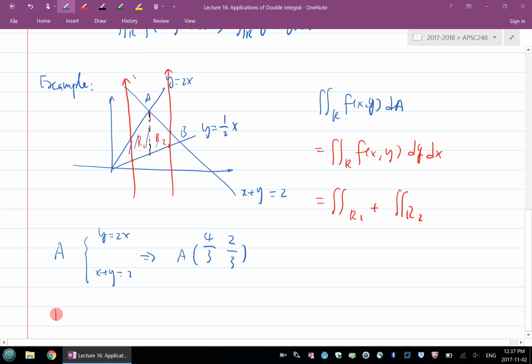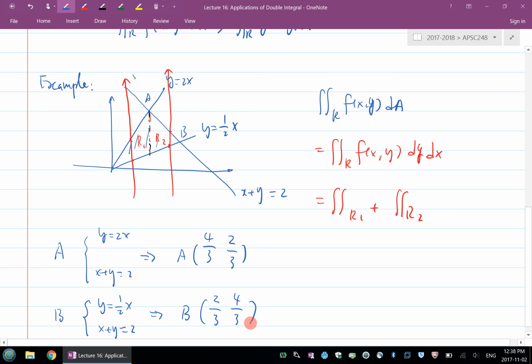For point B, it's between y equals half x and x plus y equals 2. This gives us the B coordinates, which are 2 over 3 and 4 over 3. So those are the coordinates for point A and point B.